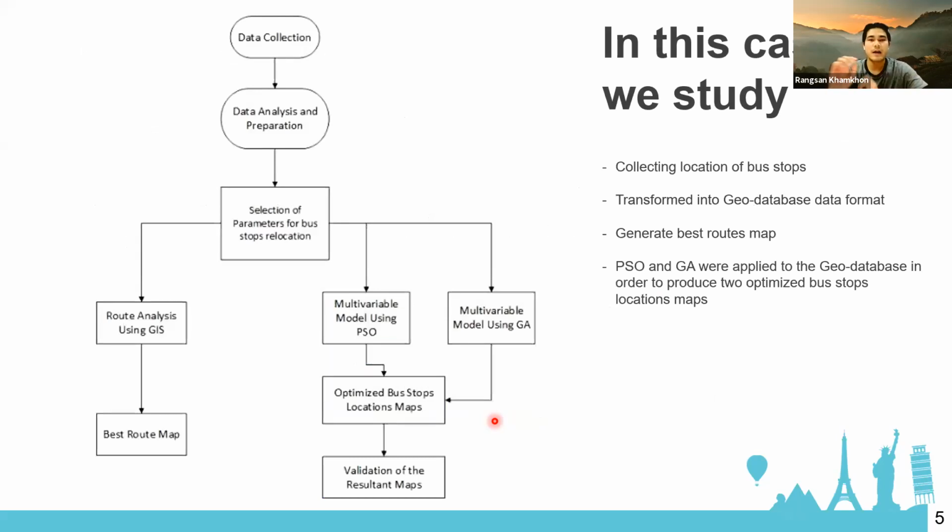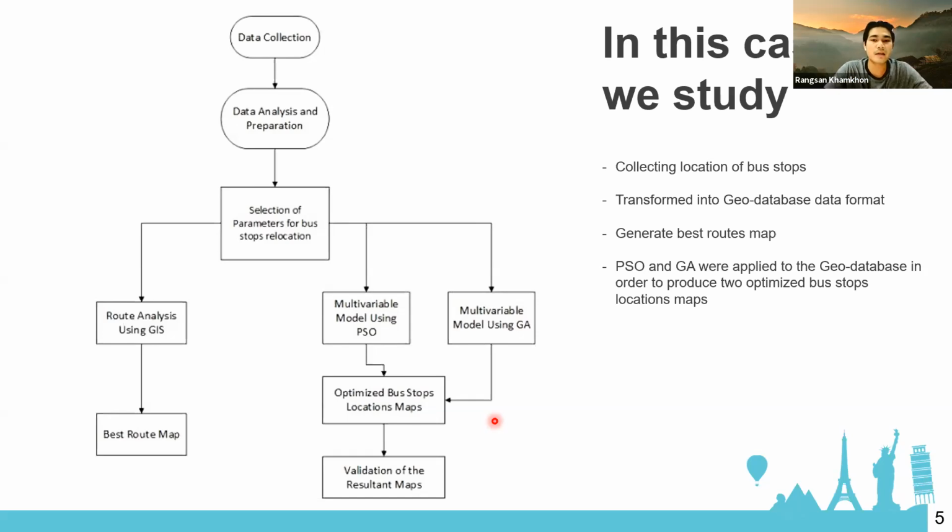Okay, this is the methodology and the flowchart of this case study. First, they collect the locations of bus stops, transfer them into the geodatabase data format, and select all the parameters of bus stop relocation. The first technique is the analysis using GIS to generate the best route to provide a significant reduction in travel time for streets, and then they get the best route map.